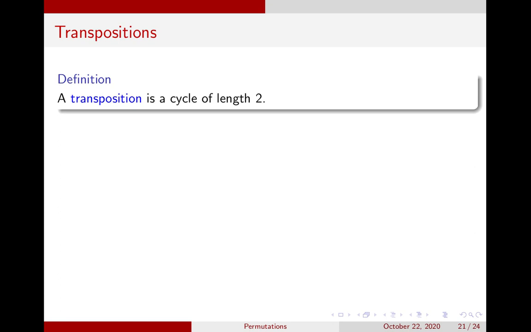And now we want to talk for a very few minutes about transpositions. The definition of a transposition is that it's a cycle of length 2. So here's one example of a transposition, the cycle 2, 9. And we're working in S sub 10.